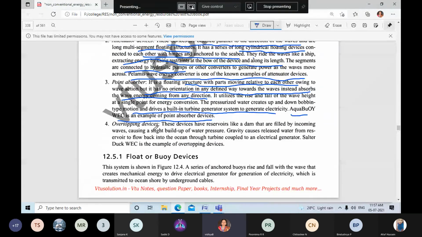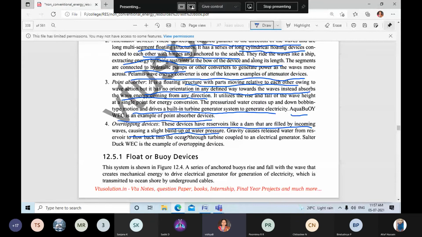Next is the overtopping devices. These devices have reservoirs like a dam that are filled by incoming waves, causing a slight buildup of water pressure. Gravity causes the released water from the reservoir to flow back into the ocean through a turbine coupled to an electrical generator.